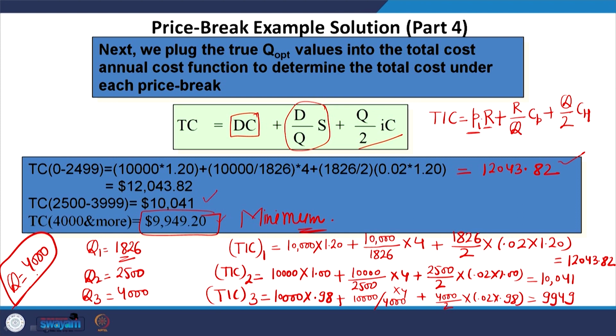You will order 4,000 units to take the benefit of this cost advantage offered because you are ordering in large quantities, and at the same time it will keep your inventory cost minimum. So, that is the use of a bigger formula. These two terms in this formula are taking care of my inventory, and the first term is taking care of material.